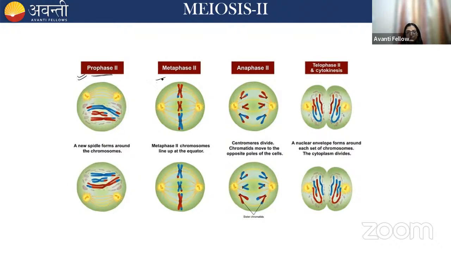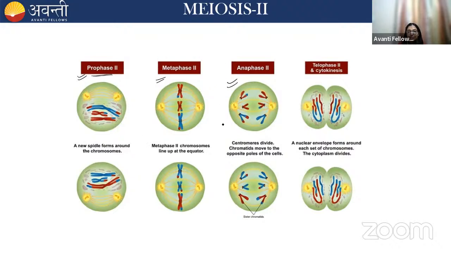In metaphase 2, the chromosomes get aligned at the equatorial plate, and the spindle fibers from the opposite poles attach to the kinetochores of the sister chromatids of the chromosome.